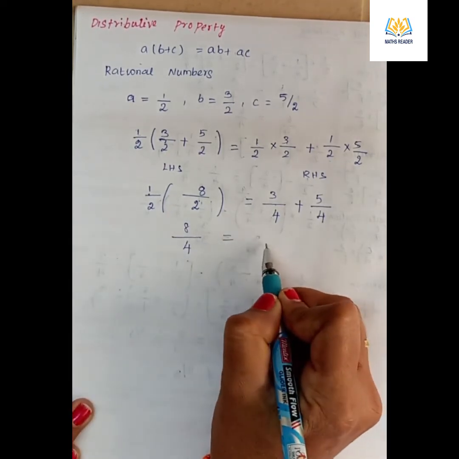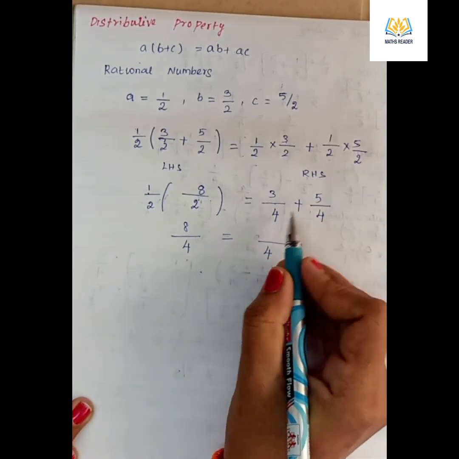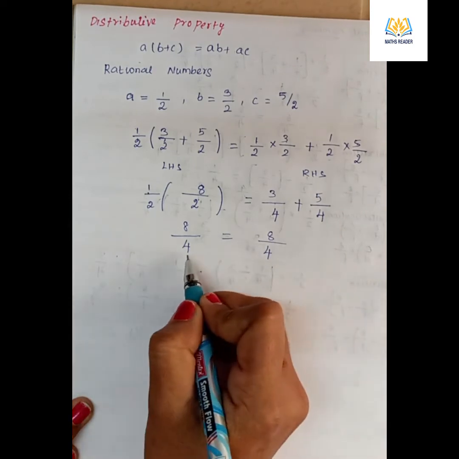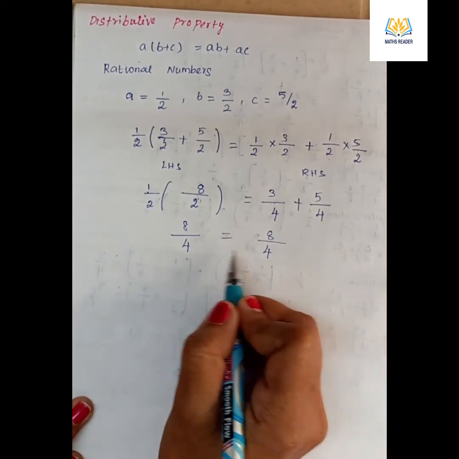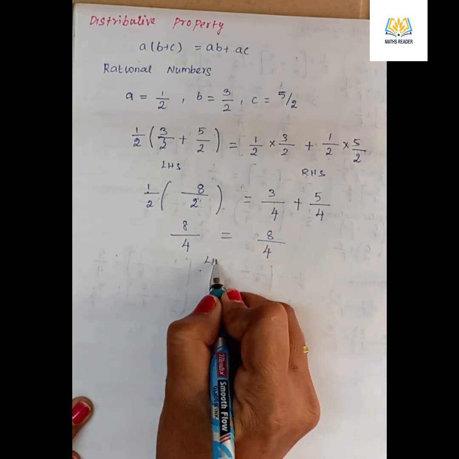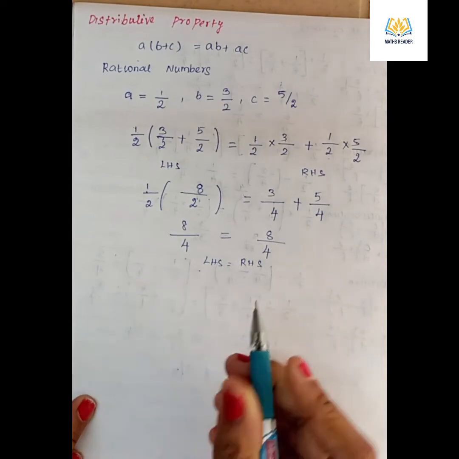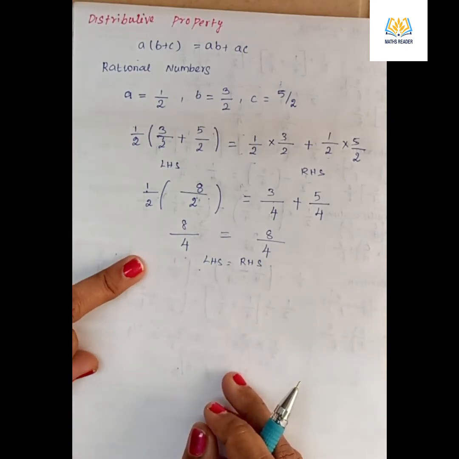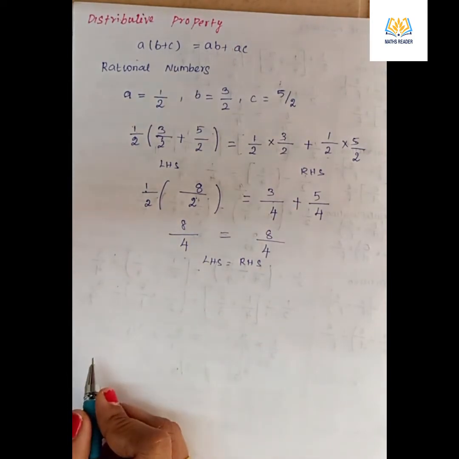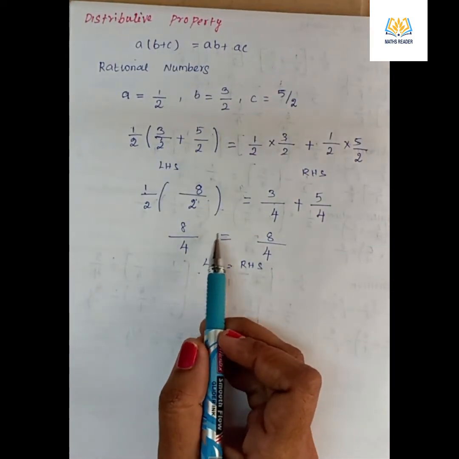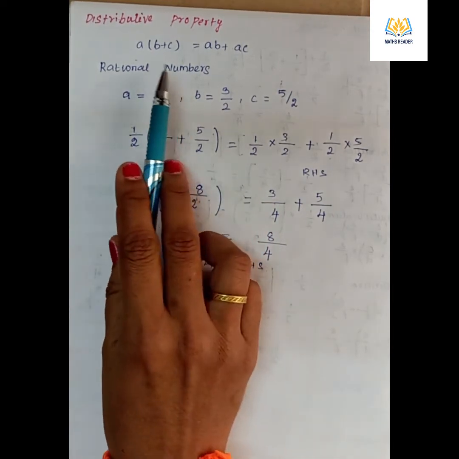Equal to, the denominator is same, so we are taking 4, 5 plus 3 is 8. So 8 by 4 is equal to 8 by 4. These two terms are equal. Left hand side is equal to right hand side. So the distributive property for rational numbers is satisfied. And this is for addition. We have checked the distributive property for addition.